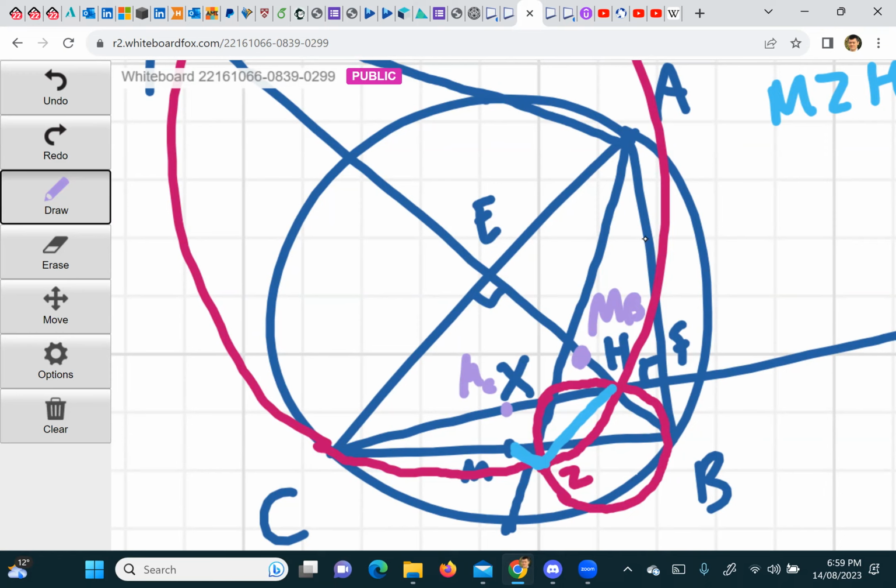If the angle of Z is 90, then MC, MB is cyclic with M, Z, H.